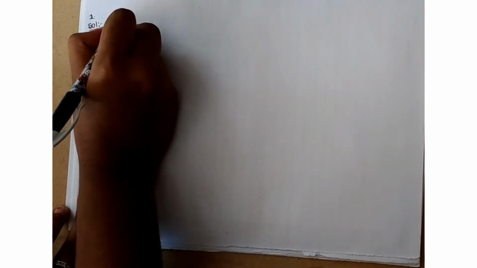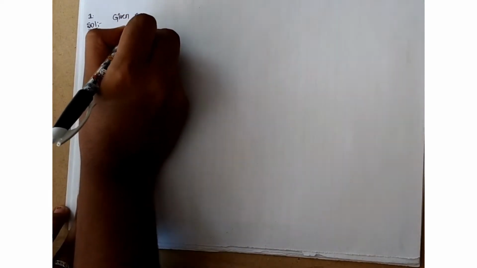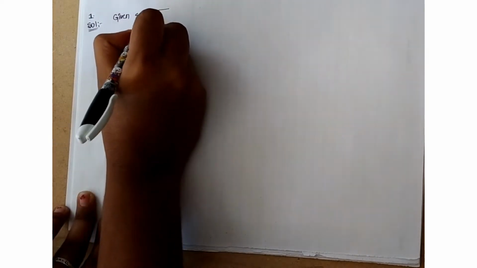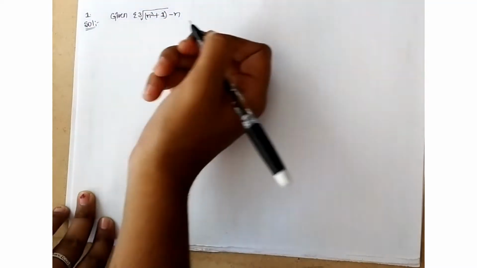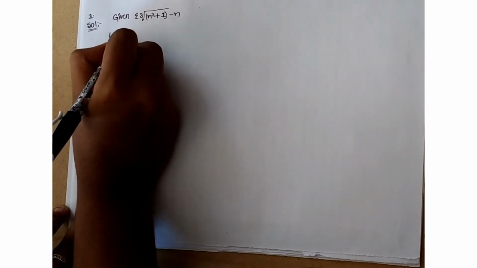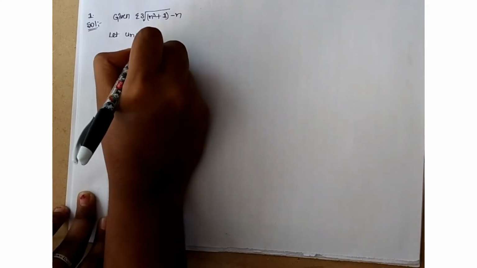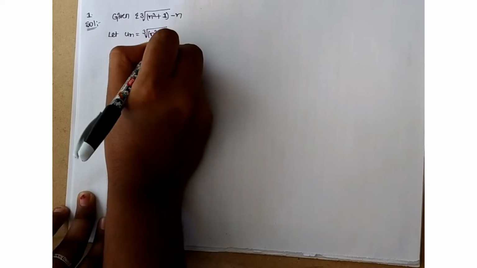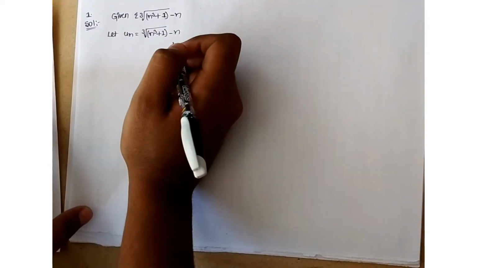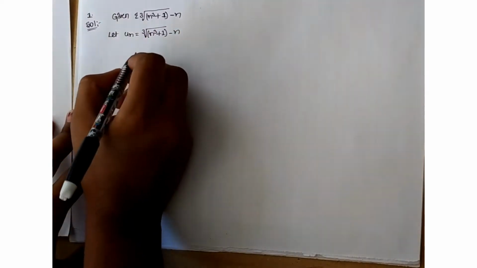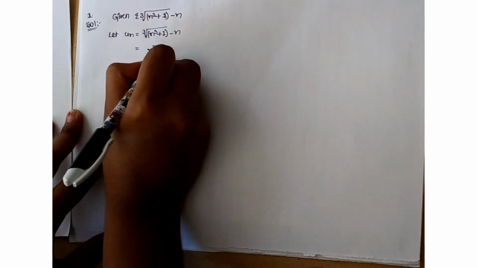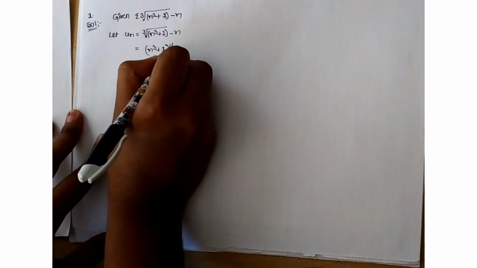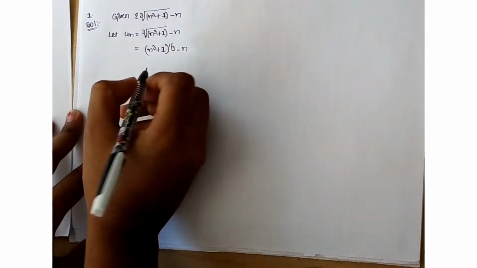Given summation of the cube root of n cube plus 1 minus n. Let un equal to the cube root of n cube plus 1 minus n. We will write it as n cube plus 1 whole power 1 by 3 minus n.